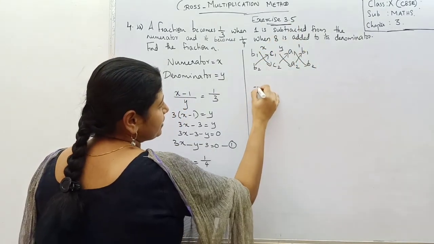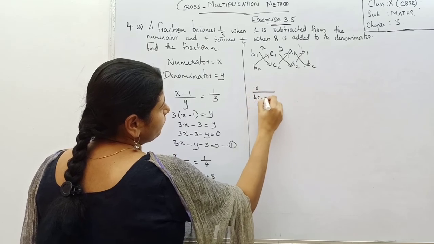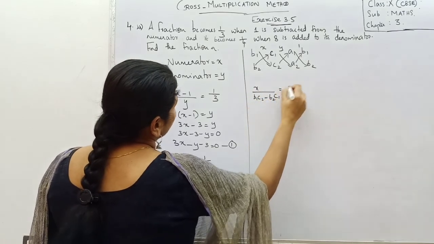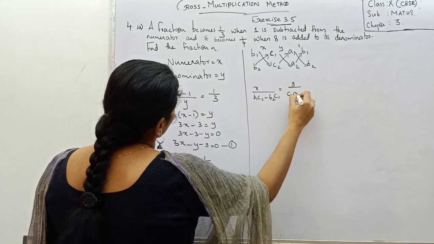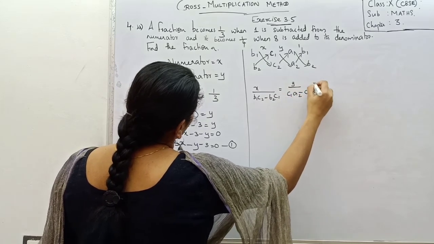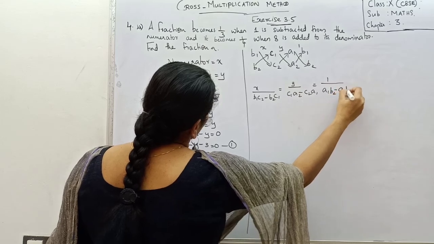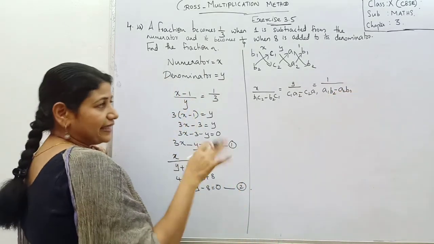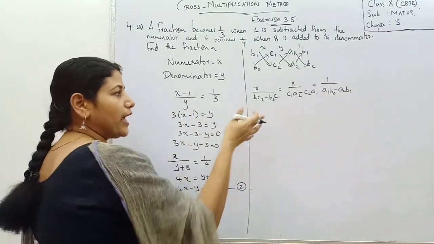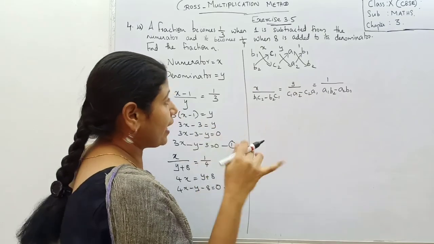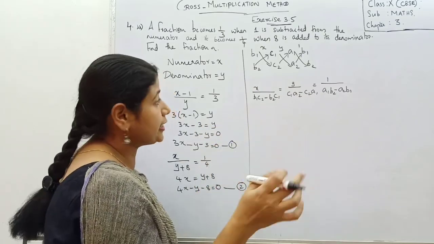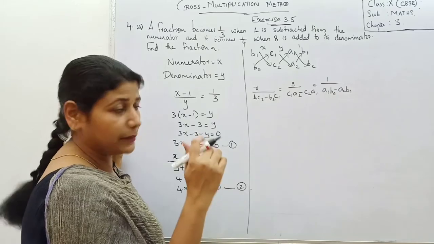So we can write x by b1 c2 minus b2 c1 equal to y by c1 a2 minus c2 a1 equal to 1 by a1 b2 minus a2 b1. We can directly give the values for a1, b1, c1, a2, b2 and c2. After that we can take the first and second, and second and third ratios. That will be easier.